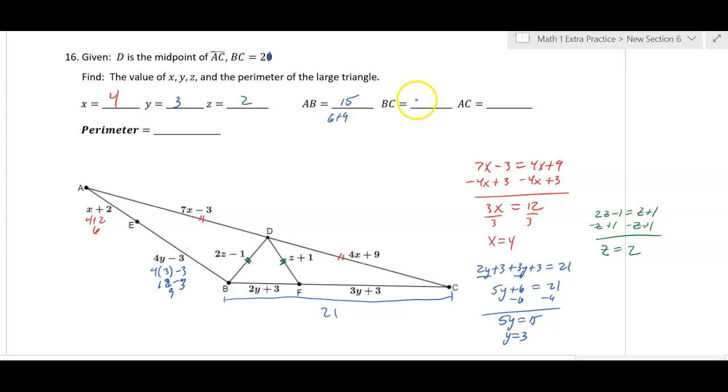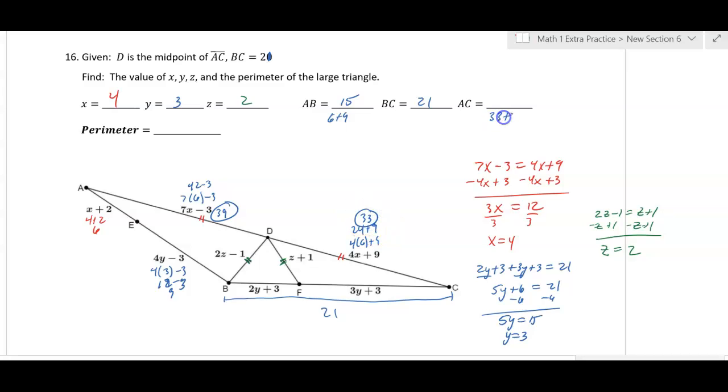All right, BC we already know is 21. Then if I look at AC, I'm just going to plug x in here twice. 7 times 6 minus 3, 42 minus 3 is 39. Right, this would be 4 times 6 plus 9, 24 plus 9 is 33.